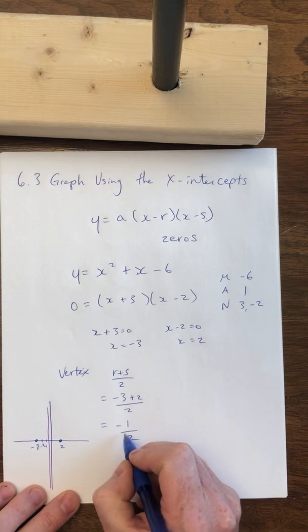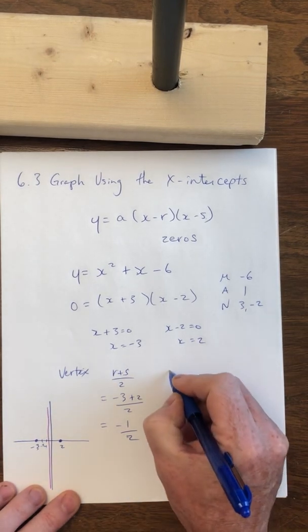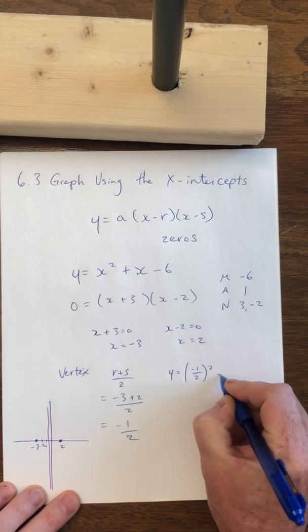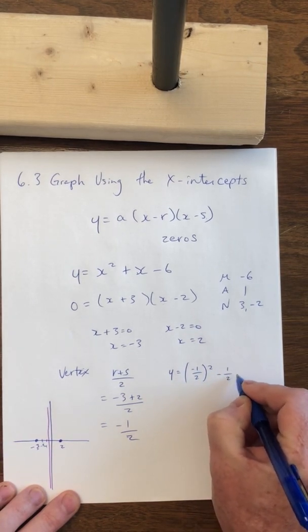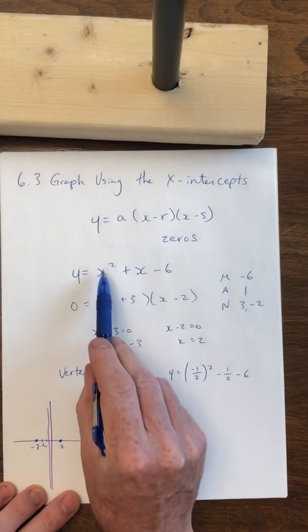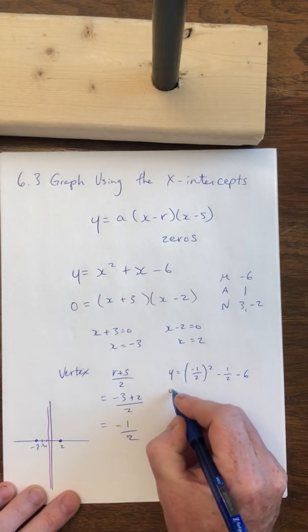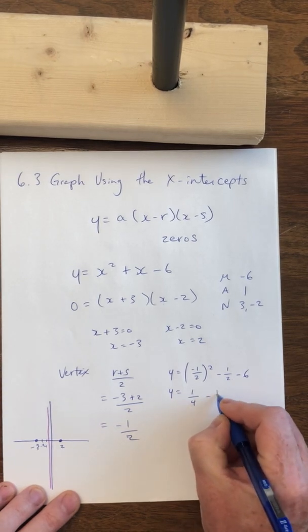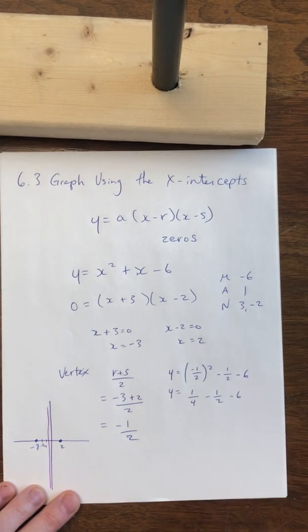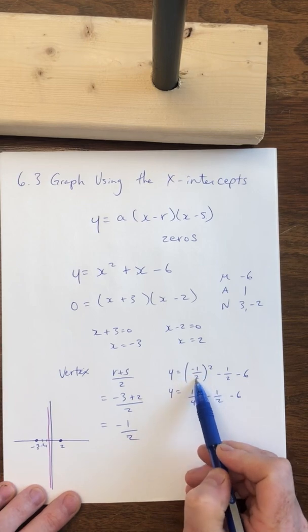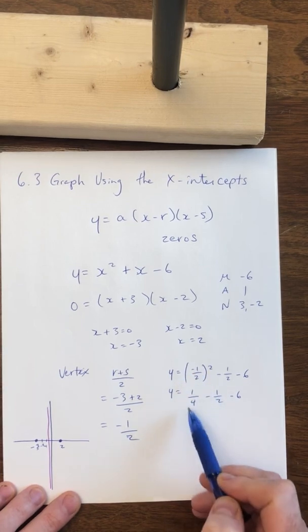And of course we can sub this back into our original equation. So I've subbed in a -1/2 in for my x's. And beginning to simplify, square the top, -1 times -1 is 1, square the bottom, 2 times 2 is 4.